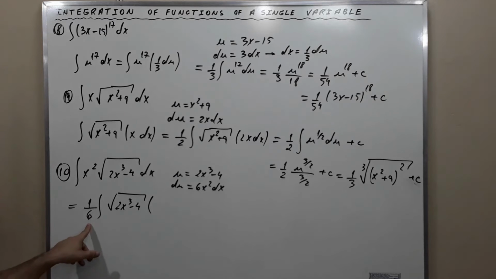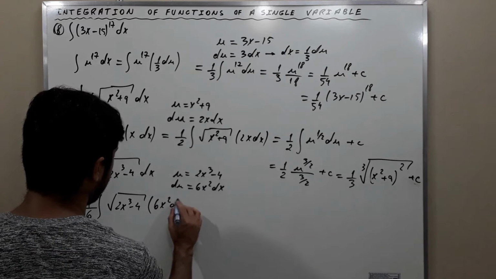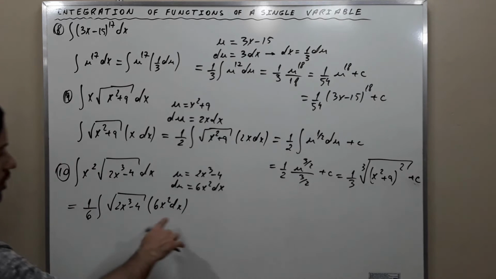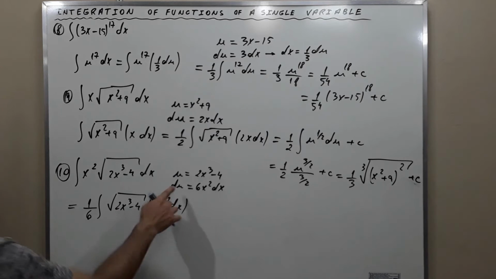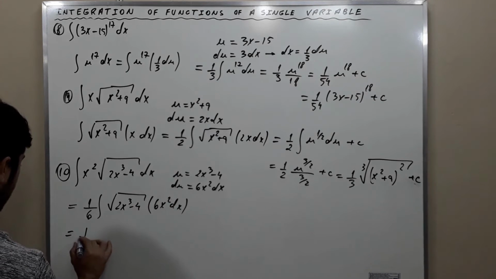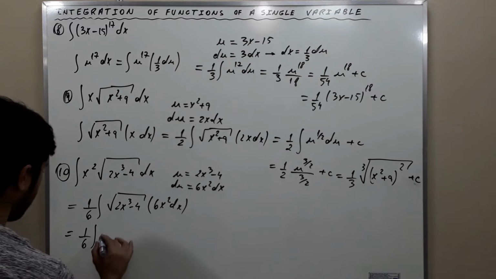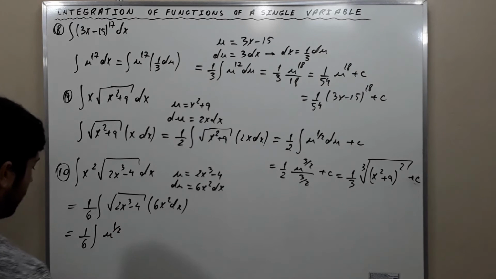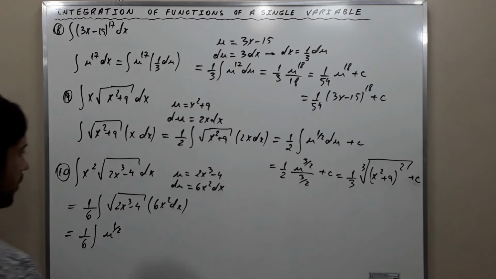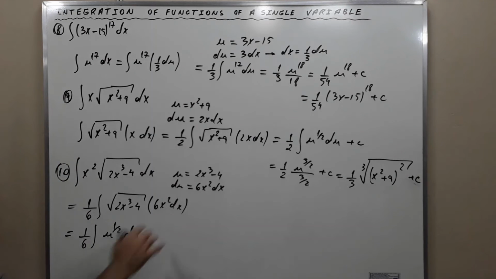That's why I multiplied it all by a sixth. Then 6x squared dx. And you see that this figure here, 6x squared dx, is equal to du. Then we can calculate this. It's going to be the integral of u raised to the power of a half du, because we already got the du here.